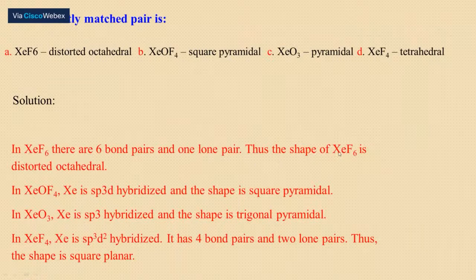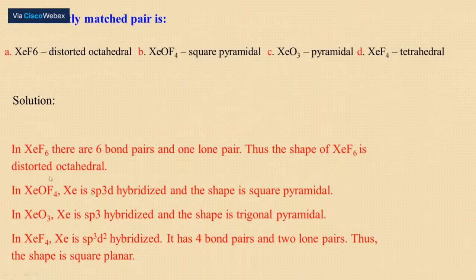Thus the shape of XeF6 is distorted octahedral. That means the first option is correct, but we have to look for the incorrectly matched pair. So the first option is a correct one. The pair is correct.